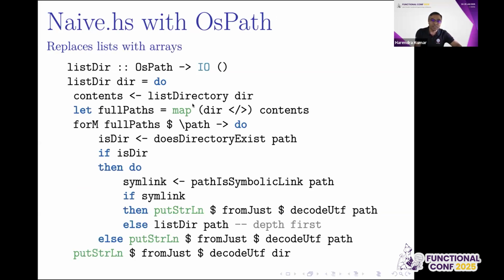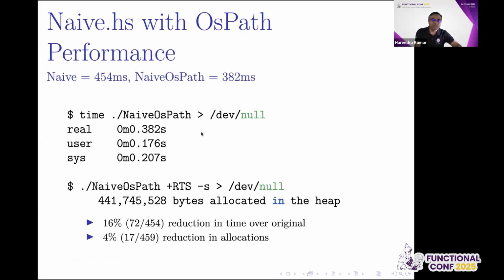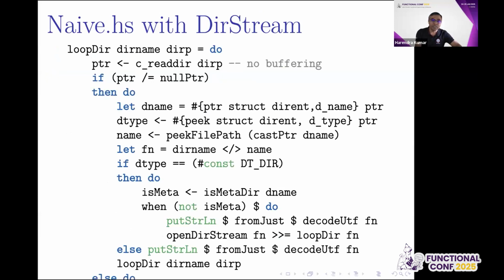And we do exactly the same thing with this as we did with the earlier version. Now with this, we got 382 milliseconds versus 454 earlier. And the allocations reduced a little bit, 441 MB: a 16% reduction in time and 4% reduction in allocations with just using the OS path. Now we are at 382 milliseconds.